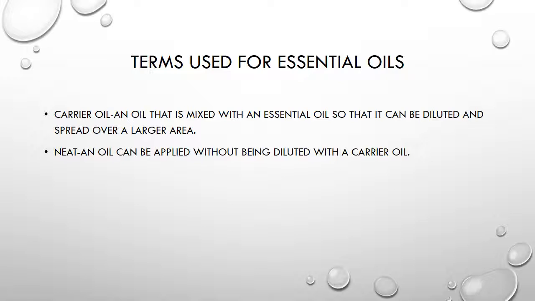There are certain terms that you might hear when people are dealing with essential oils. Carrier oil and neat are probably two of the biggest ones. A carrier oil is just an oil that's mixed with an essential oil so that it can be diluted and spread over a larger area.